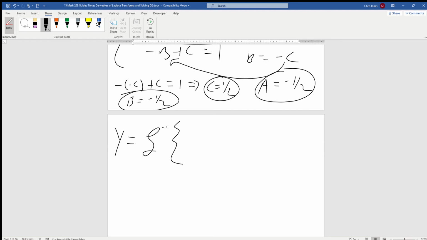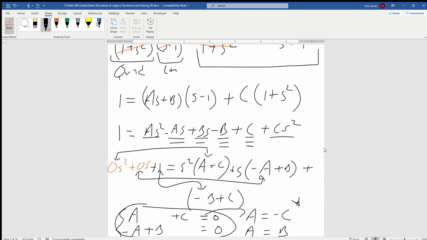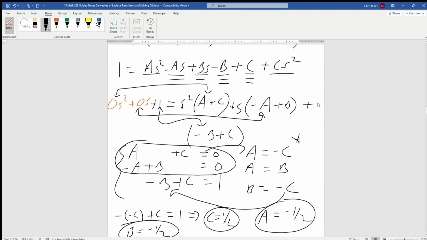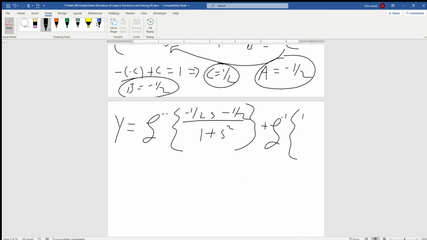So remember we had as, so that's minus 1/2 s plus b, minus 1/2, divided by 1 plus s squared, and then plus the inverse Laplace. And remember we had s minus 1 and c, so that's going to be 1/2 over s minus 1.